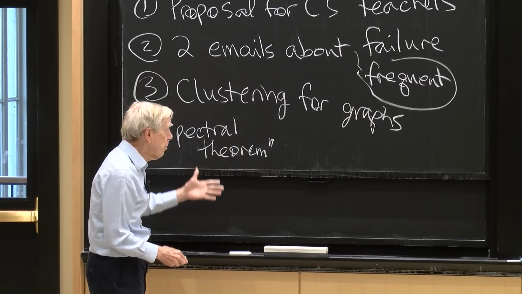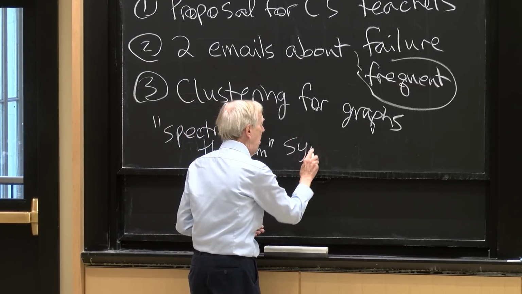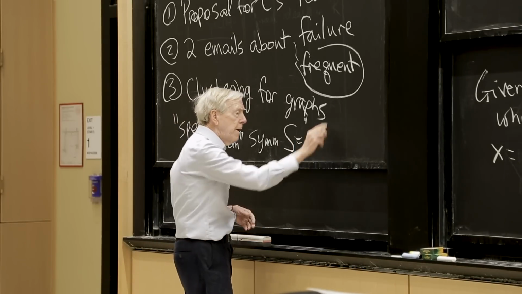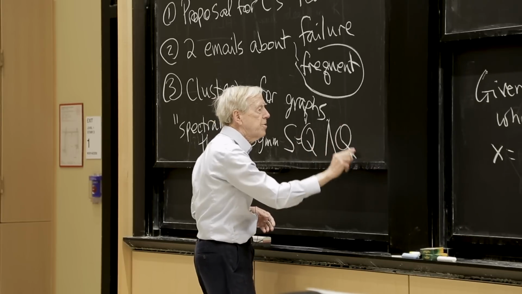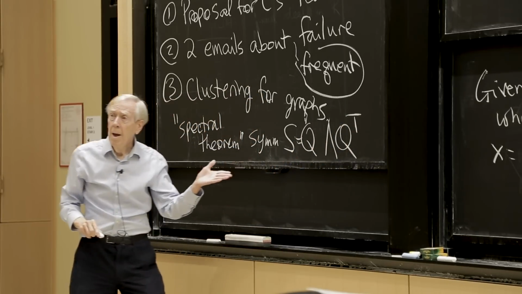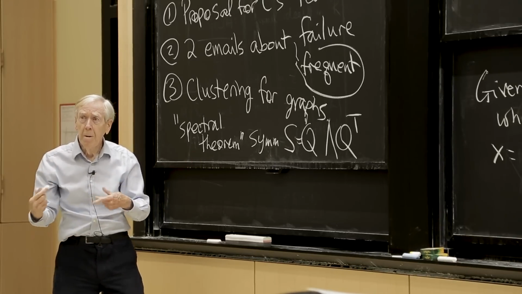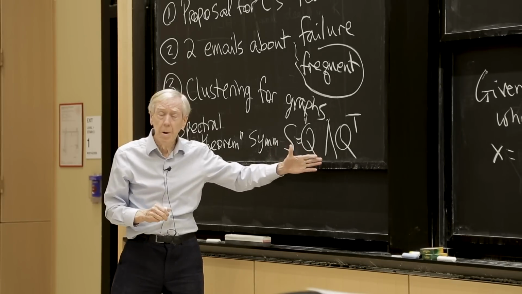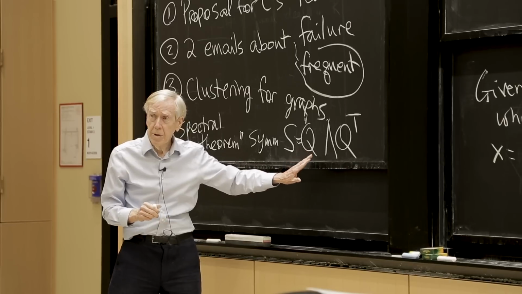So the spectral theorem, of course, is that for a symmetric matrix S, the eigenvalues are real and the eigenvectors are orthogonal. And don't forget the full statement here, because there could be repeated real eigenvalues.